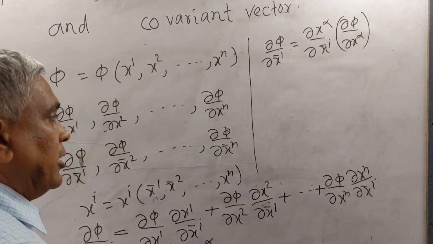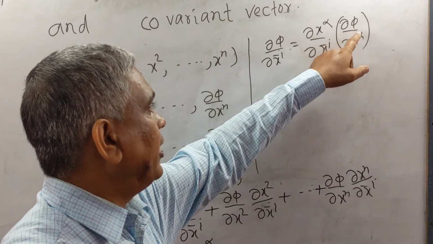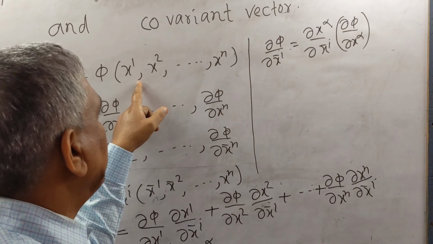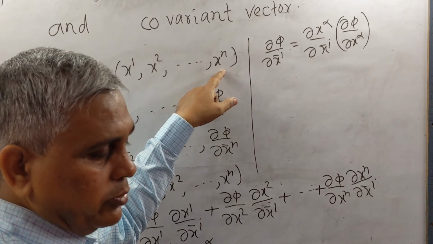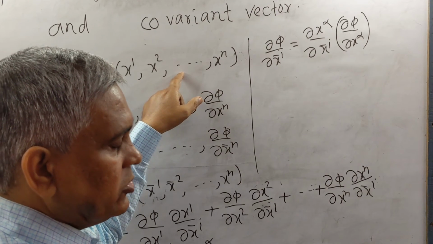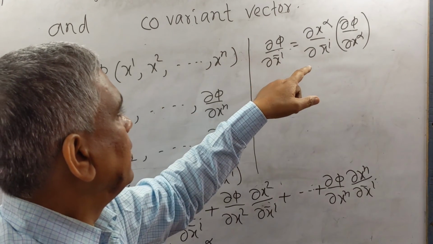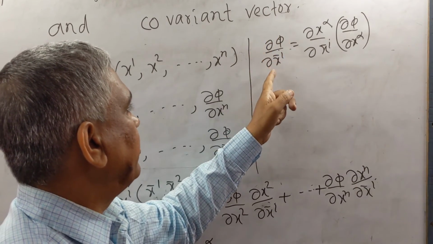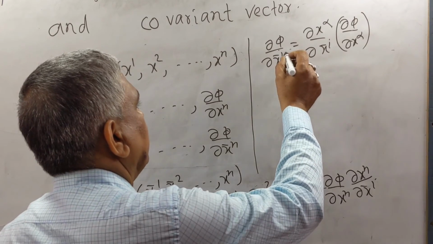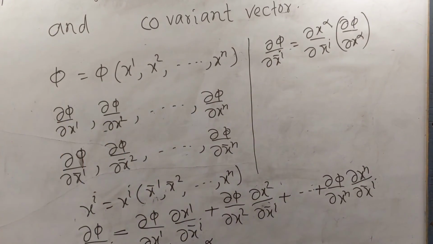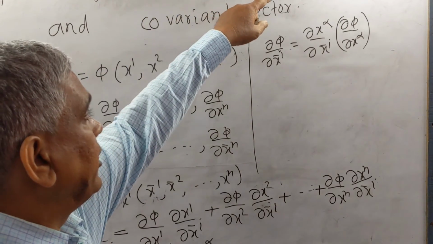So if we have the knowledge of del phi by del x alpha, as phi is the direct function of x1, x2, xn, that is the function of x system of coordinates, then we may find the values of del phi by del x bar i. So this type of transformation is known as transformation by covariance.